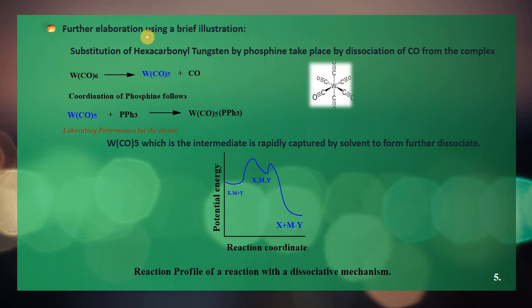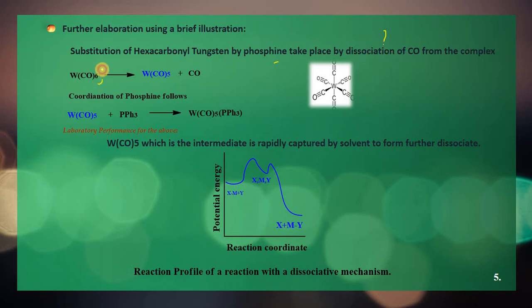Further elaboration on the brief illustration: I use a stick, and now I'm using hexacarbonyl tungsten as an example of a dissociative reaction. Substitution of hexacarbonyl tungsten by phosphine takes place by dissociation. The big question is, how does it take place by dissociation of CO from the complex?